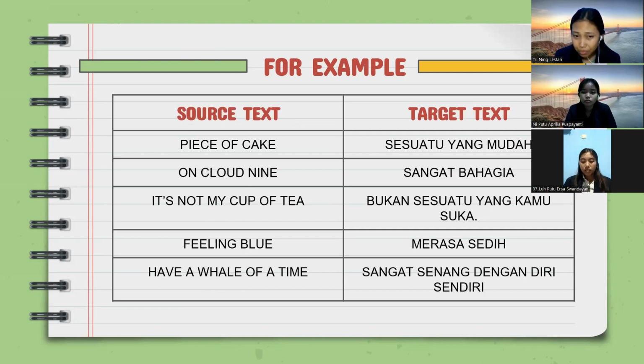But if we translate with the literal technique, the meaning is merasa sedih, not merasa biru, like that. And like I said, there is one thing missing from the sentence. What the source text means, when translated to the target text, can be a different meaning.